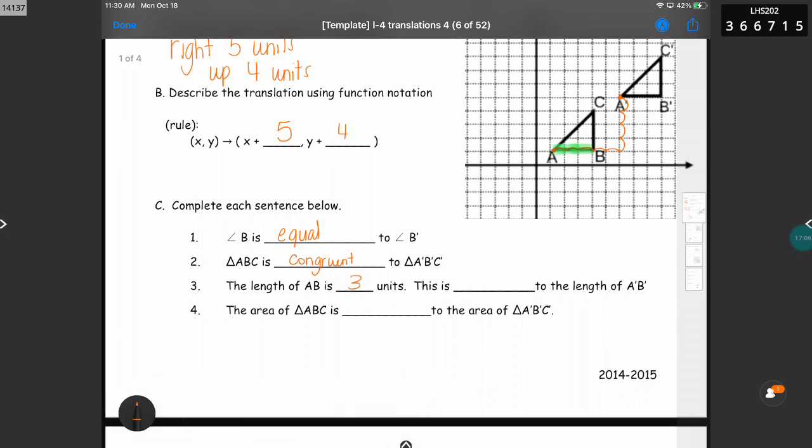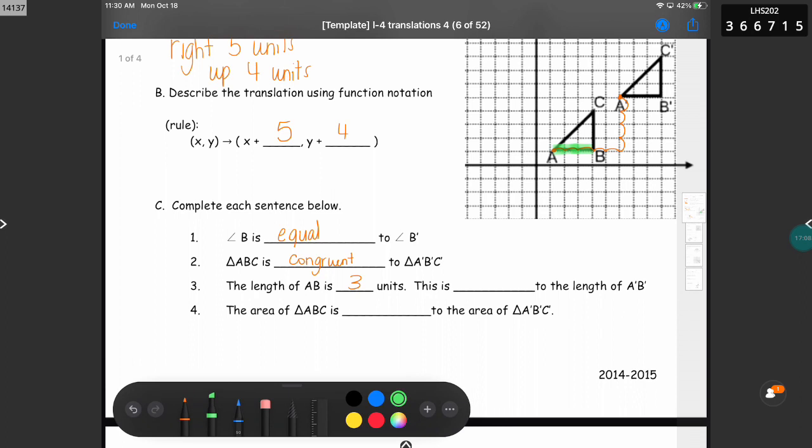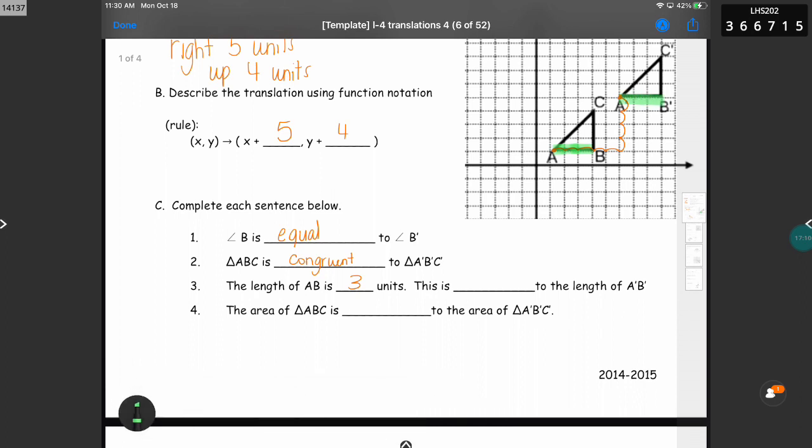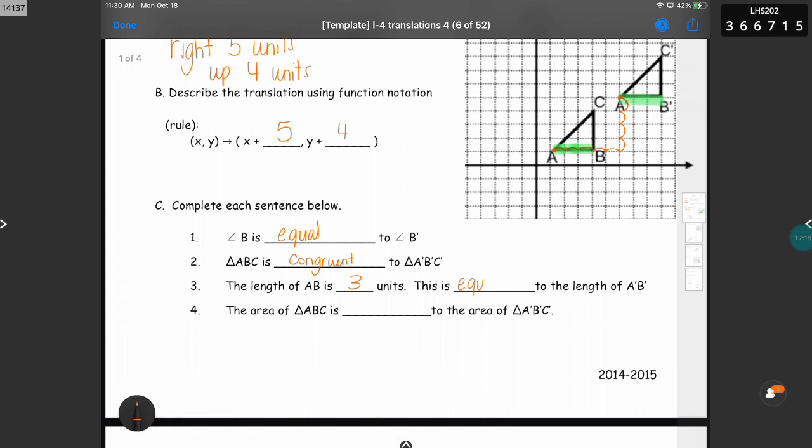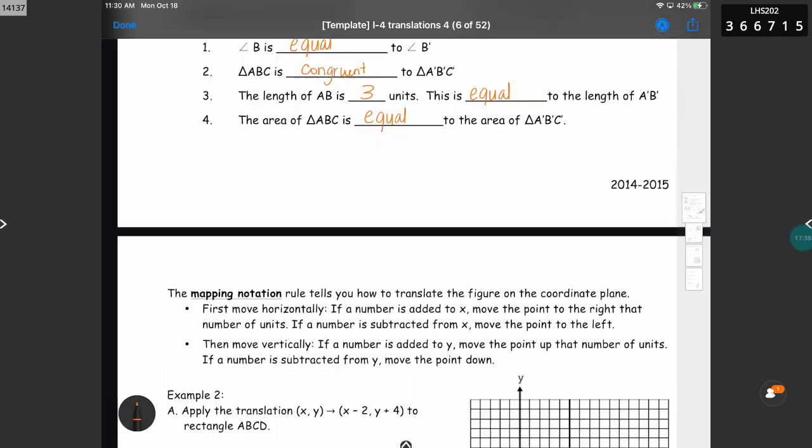This is equal to the length of A prime, B prime, which is also 3 units. The area of triangle ABC is equal to the area of A prime, B prime, C prime. Okay? So these triangles are also congruent. All right. Let's look at the next page.